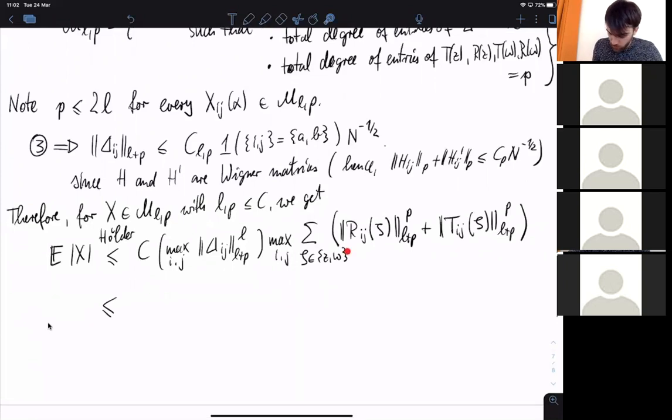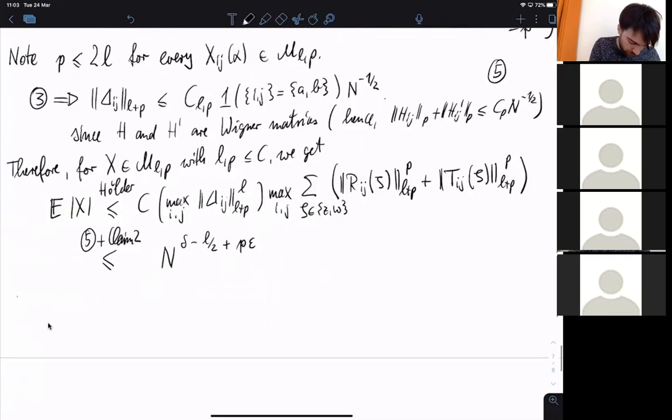Now I can use claim 2 to estimate these, and what I will call 5 now, to estimate the first ones here. So I use 5 in claim 2 to get the following. This is smaller than n to the delta minus L over 2 plus P times epsilon for any delta positive, and n has to be large enough.